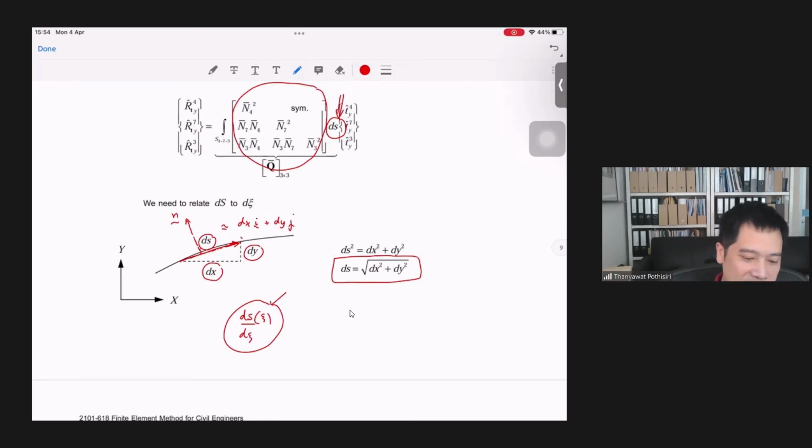And once you can find this tangent vector, how do you compute the normal vector? You think about it, if you look on a plane, you have the axis C pointing out of the paper, right?